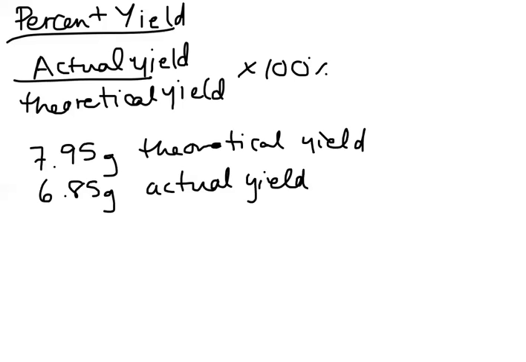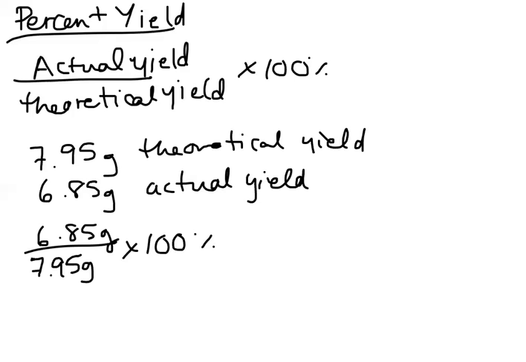So based on that, I can determine my percent yield by just dividing 6.85 grams, my actual, over 7.95 grams, my theoretical, times 100%, which gives me 86.2% yield.